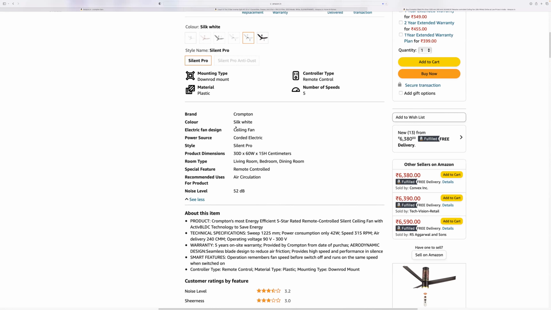See, can you do an analysis from here? Brand is there, the color is given, what kind of a fan it is given, powered source, corded electric. Okay, so style is silent pro, even I don't know what it is.